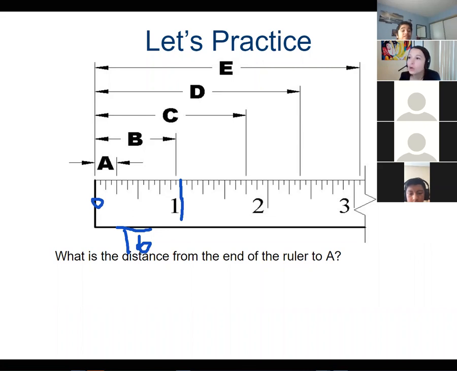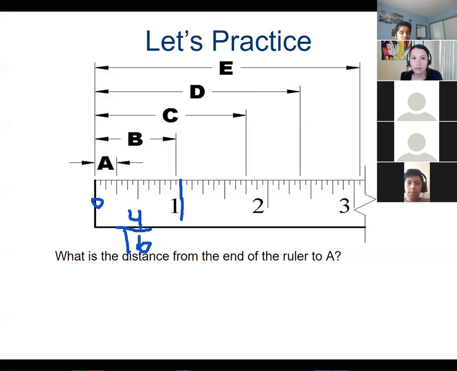Okay, so now where does the A land? How many little lines after the 0 is the A? 4, right? Thank you for participating. So 4 over 16 is our first answer. But of course, your math brain is clicking, wait, we can simplify that. So what is 4 over 16 simplified to? 1/4.